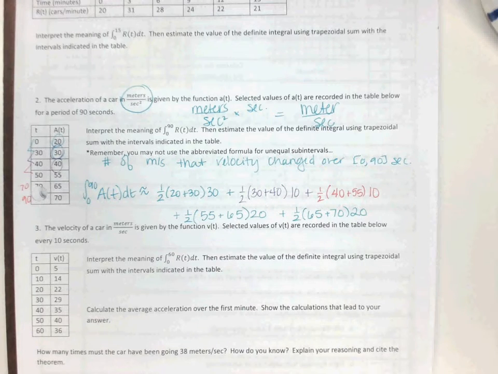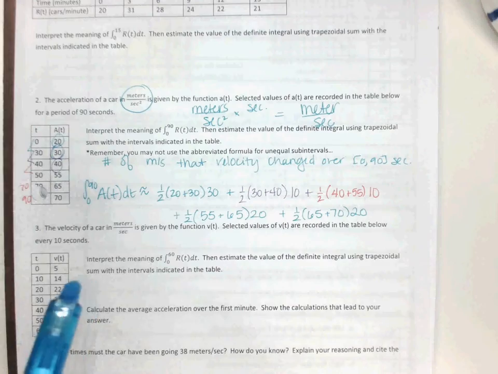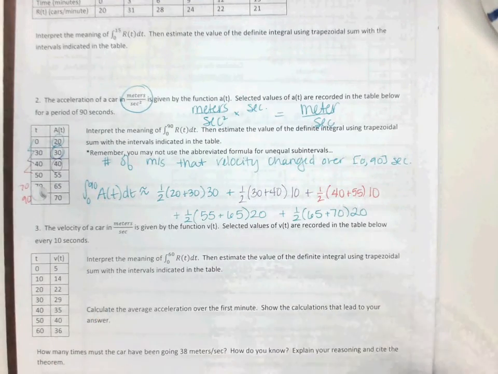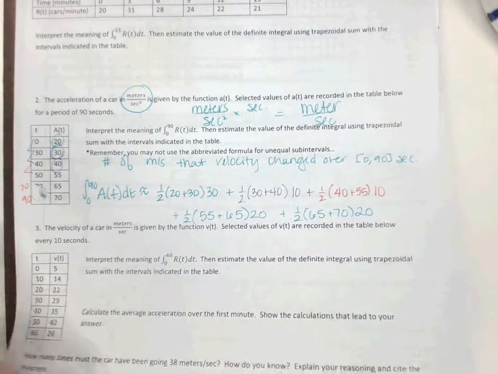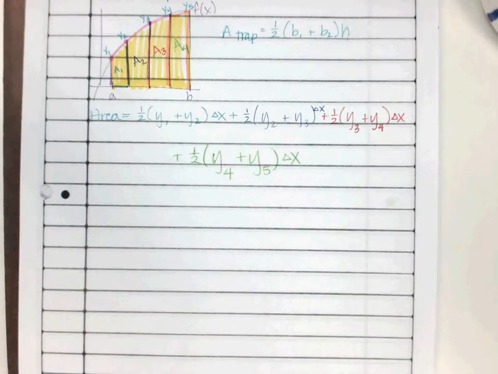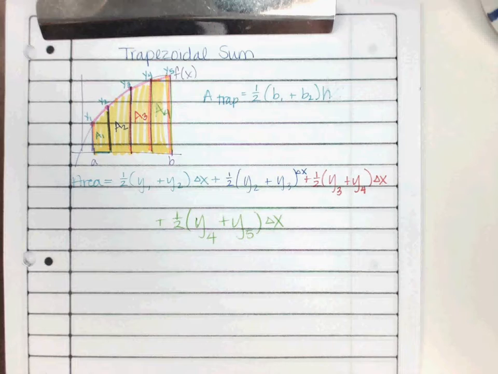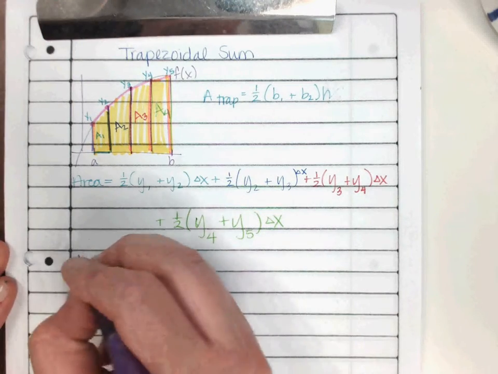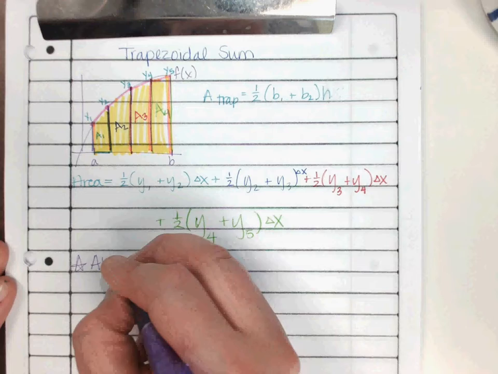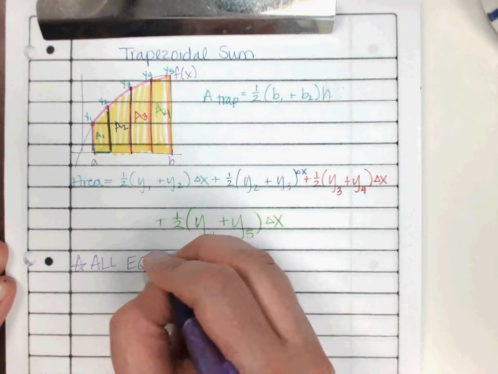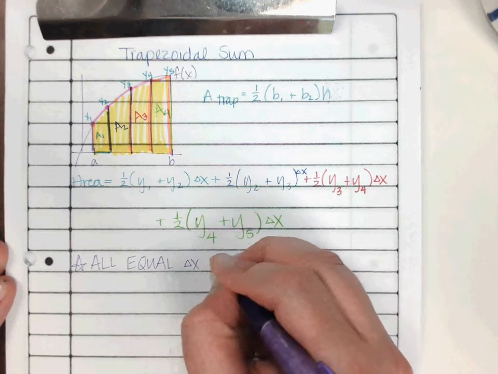We have one more thing to cover that shortens this up a ton. So I want you to go back to your notes. Okay, let's pretend like all of your delta x's were the same. Remember, you had a shortcut for Riemann sums, you have a shortcut for this one as well. So let's pretend that you have all equal delta x subintervals.